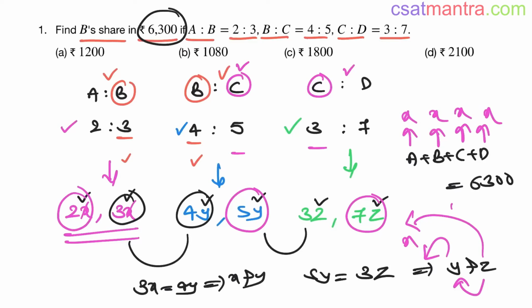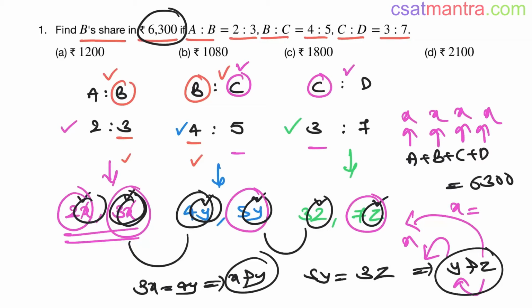From this we can find out x. Thereafter we will find B's share. See how big the problem is. We have to deal with three variables here, x, y, z. We have to find the relationship between x and y and z and x. I have to convert all of them into one variable and then find that variable.